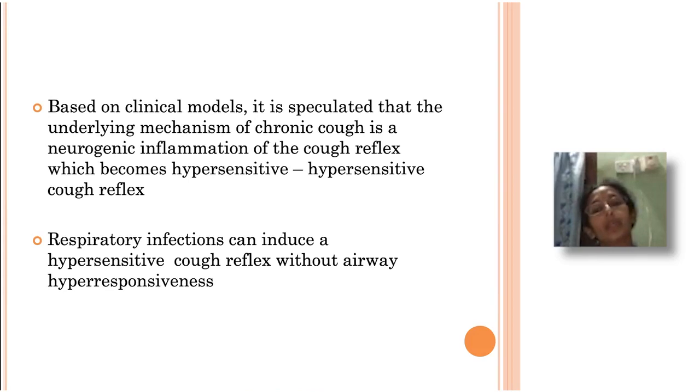Based on clinical models, it is speculated that the underlying mechanism of chronic cough is neurogenic inflammation of the cough reflex, which becomes hypersensitive, causing chronic cough without any specific cause. Respiratory infection can induce a hypersensitive cough reflex without airway hyperresponsiveness. There won't be any airway hyperresponsiveness, but the cough reflex is hypersensitive.